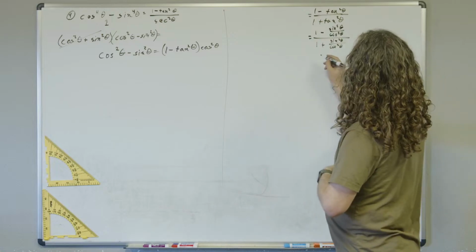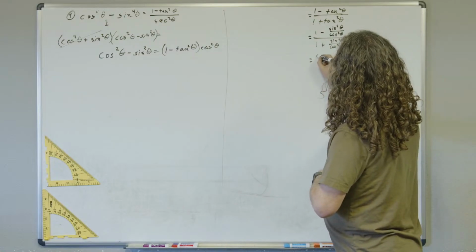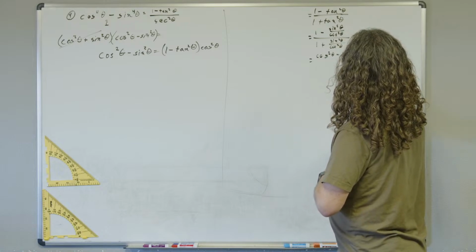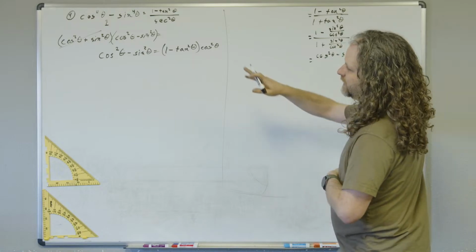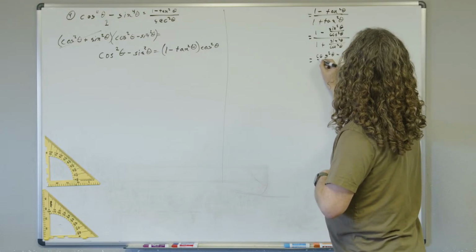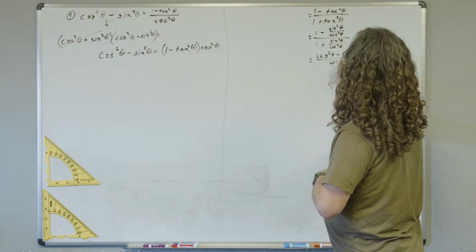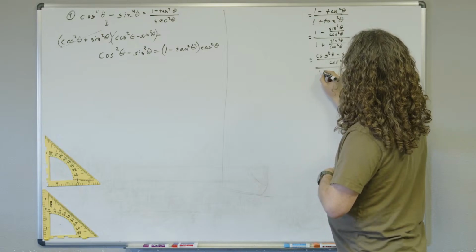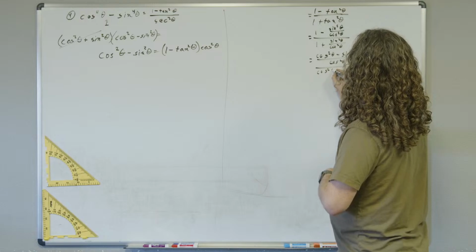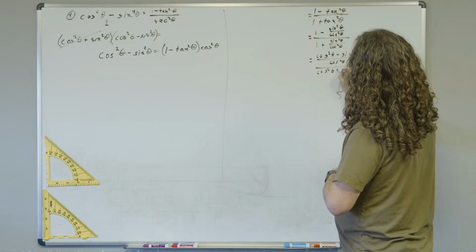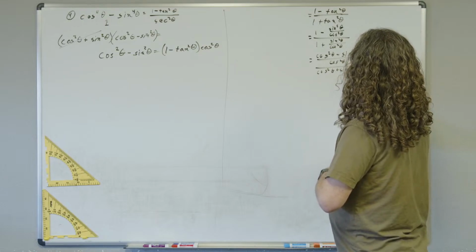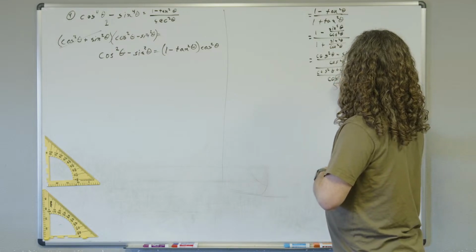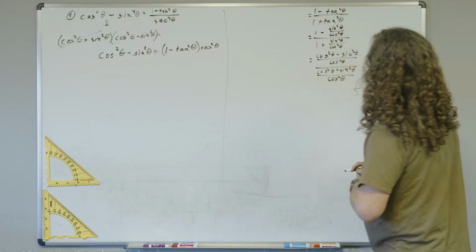So we'd have to turn this into the cosine squared theta minus the sine squared theta. Oh, that looks like the left side, so that's promising. Over the cosine squared theta over cosine squared theta plus sine squared theta over the cosine squared theta.